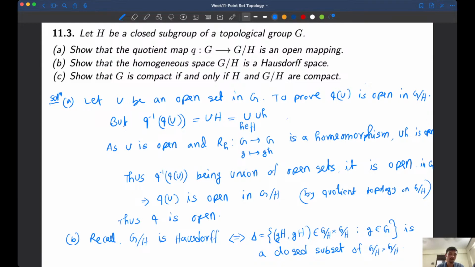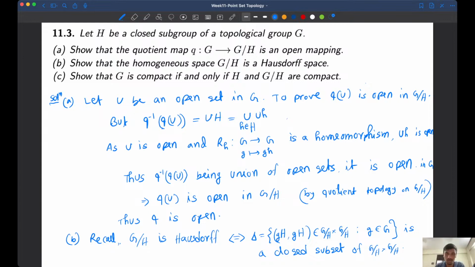So anyway, both directions are not that hard. In this case we use this Q map, because checking that this is a closed subset is a bit easier than checking Hausdorff for distinct points. You can just follow the proof and get back to distinct neighborhoods, but I'll use this one.